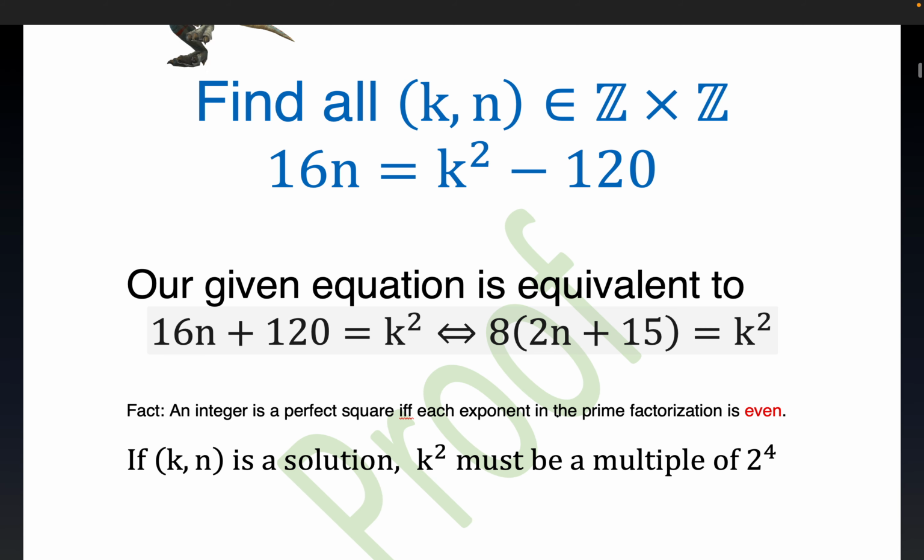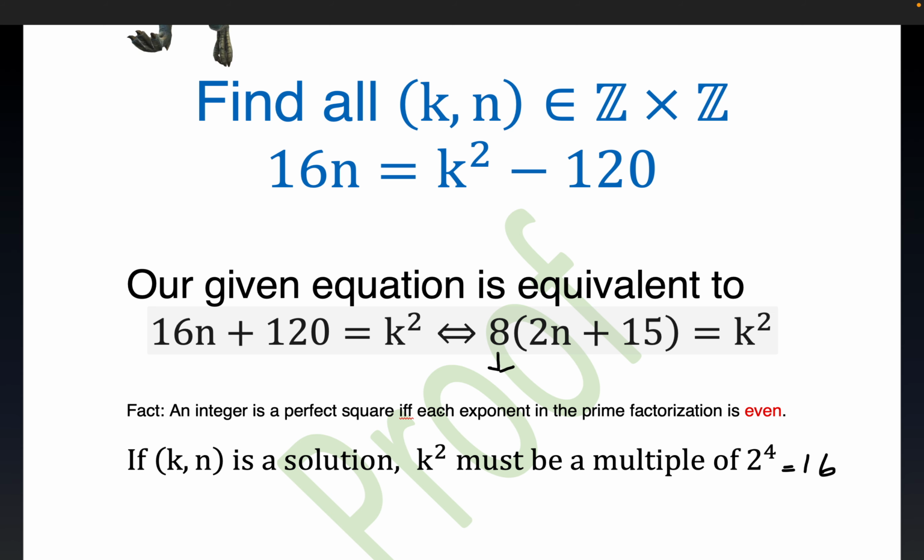Okay, so if we take k comma n to be a solution, observe that k squared must be a multiple of 2 to the 4th. Now we can call that 16 if you want, but it's better to call it 2 to the 4th, because when you take the square root of 2 to the 4th, you get 2 squared, right? But 8 is 2 cubed, right? That's the odd exponent.